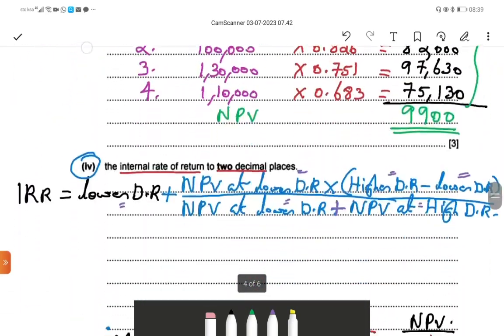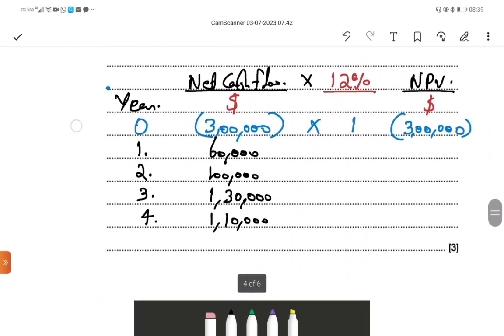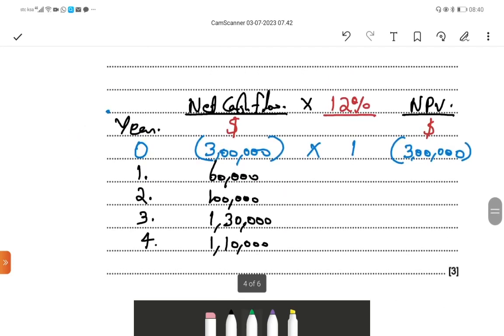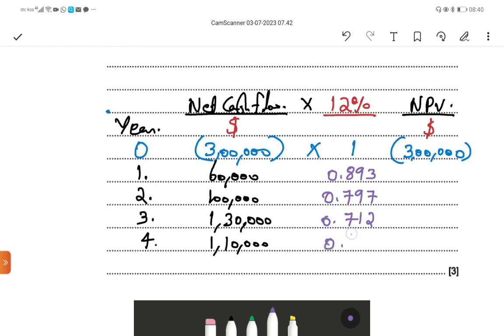The 12% discounting factor is 0.893. It will decrease again: 0.797, 0.712, 0.636. So we have to just find the values.